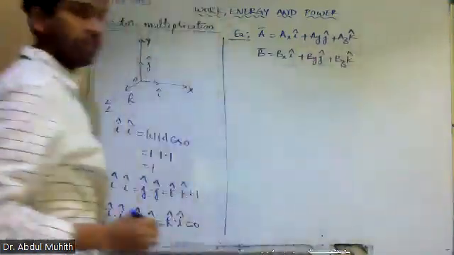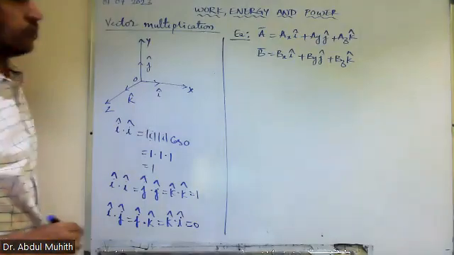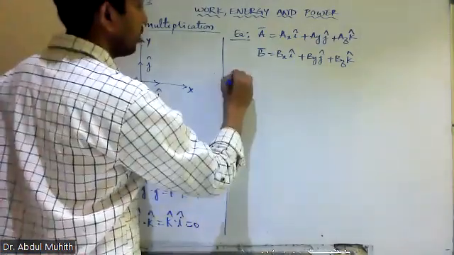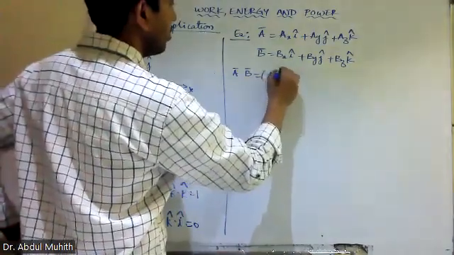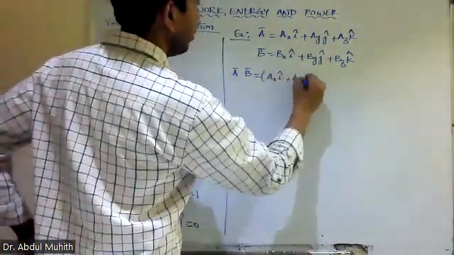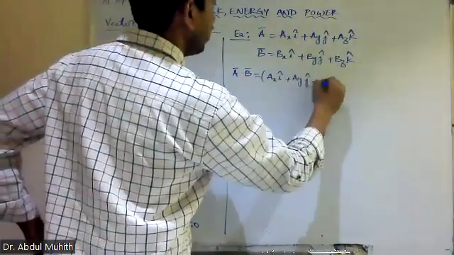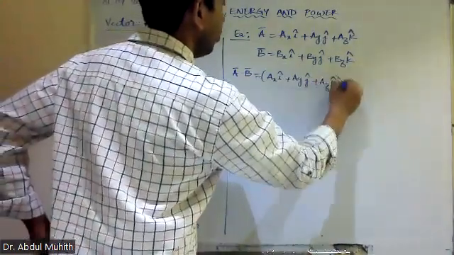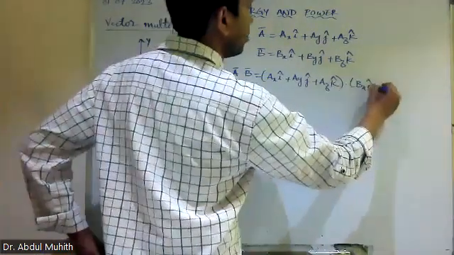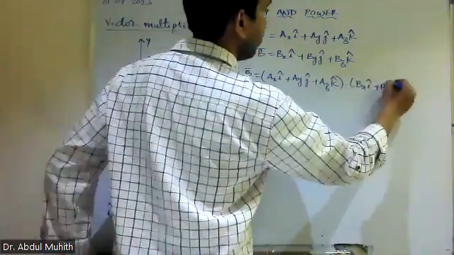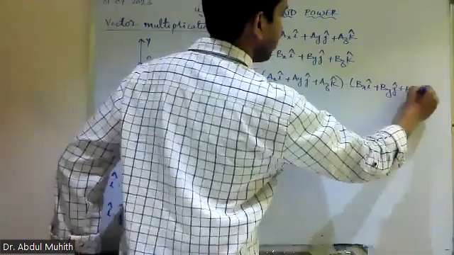These are the two vectors. Now I want to find a dot b, which is equal to (ax i cap plus ay j cap plus az k cap) dot (bx i cap plus by j cap plus bz k cap).